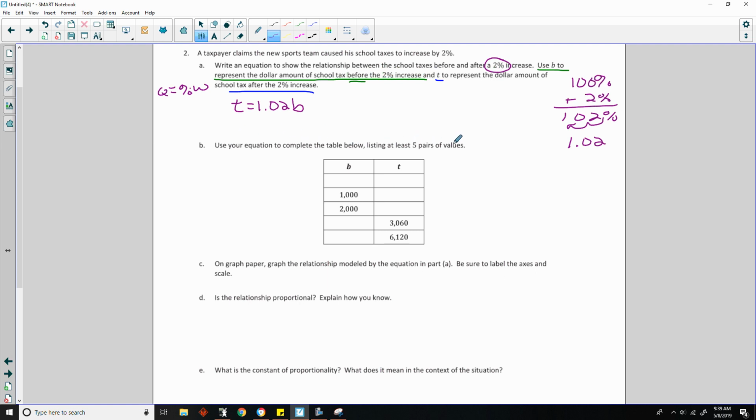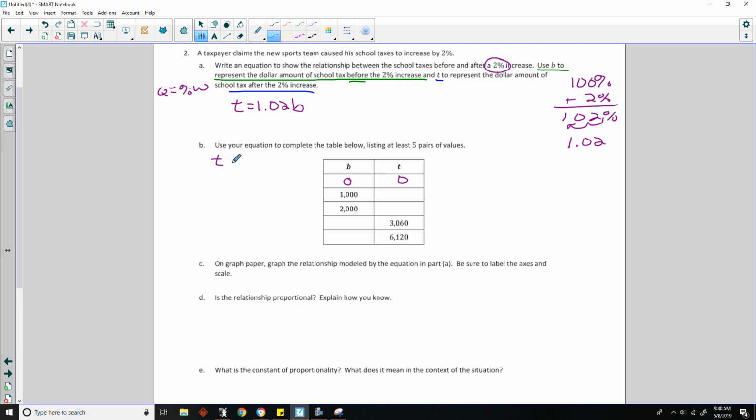Now it says to use this equation to complete the table below. List at least 5 pairs of values. Well, let's use 0. So if b was 0, 1.02 times 0 is 0. So if the taxes were $0 before a 2% increase, 2% of nothing is nothing. All right. So then I take 1,000. So all I'm doing is substituting in now.